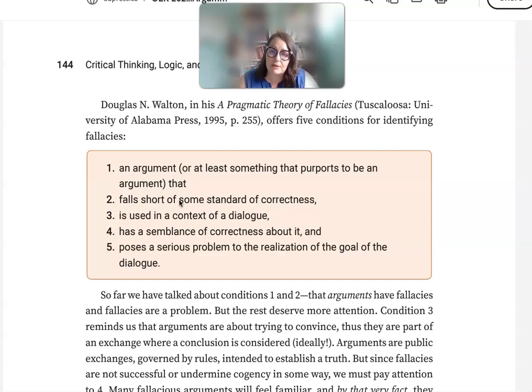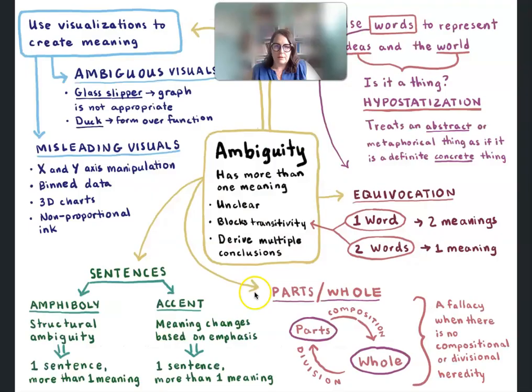So there's something that the fallacy does that gets in the way of the very seeking of truth or better beliefs or whatever the point of our dialogue is usually. It poses a problem to that. So it either stops it, it derails it, it undermines it, it gets in the way of what we're trying to do.